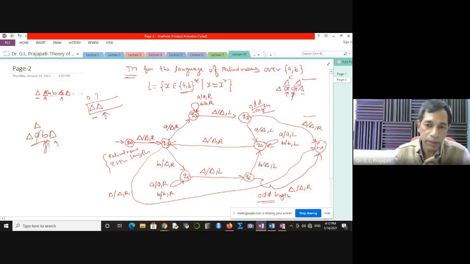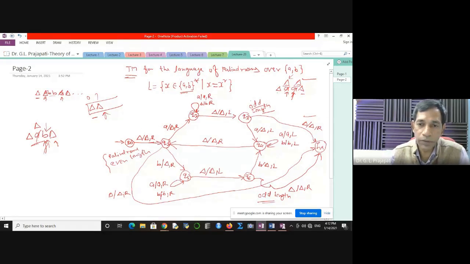At q3 we have not mentioned the transition for B because we don't want such a transition. If you are at q3 and your Turing machine finds that the square under the head is scanning the symbol B, whereas we are expecting the symbol A, this is the situation of crash. So your machine is going to crash.